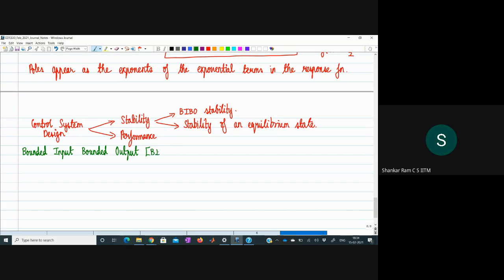That is the notion of BIBO stability. Consequently, if you provide any input that is bounded in magnitude, then the corresponding output also needs to be bounded in magnitude for all time.